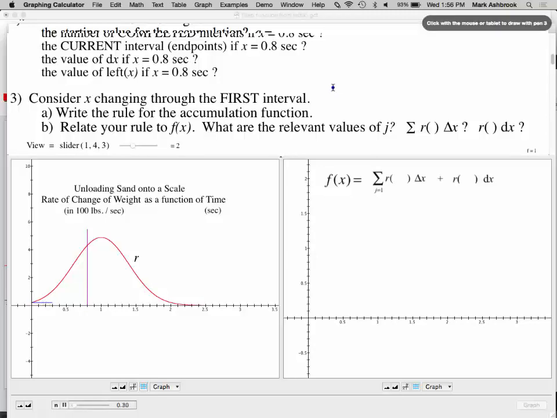So in this first interval, it's just increasing at a constant rate. At what constant rate is it increasing? R of 0, or R at the left side of the current interval. So it's increasing at R of 0.